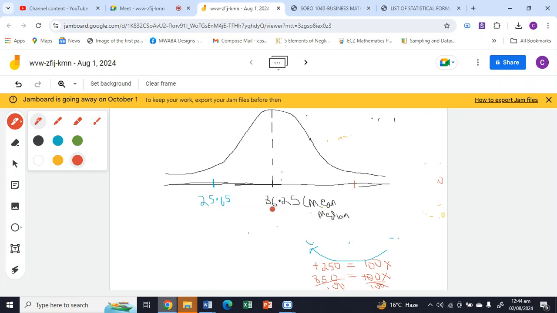No. 36.25. As we go to the right, you are adding. As you go to the left, you are subtracting the standard deviation.